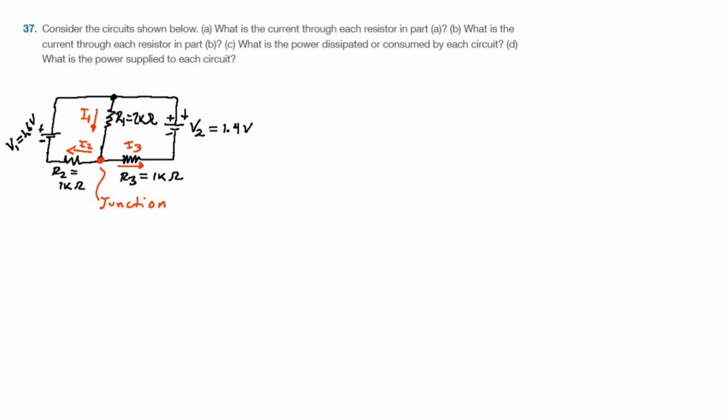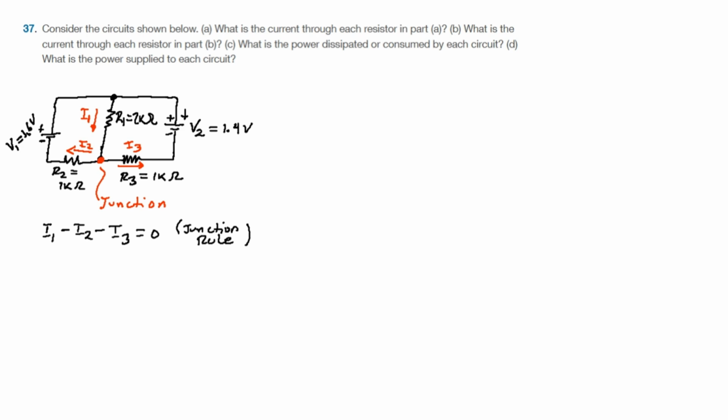So that means that I sub 1 minus I sub 2 minus I sub 3 is equal to 0. And this is the junction rule applied to the junction that I highlight in red. I sub 1 enters into the junction, that's why I put that positive. I2 and I3 are leaving the junction, that's why I put that negative.